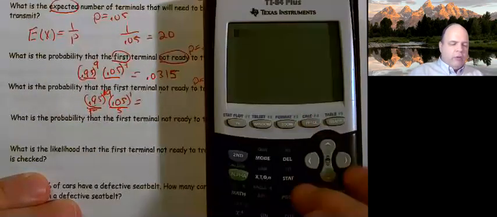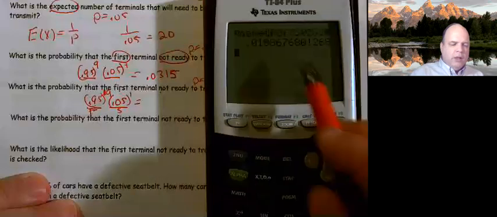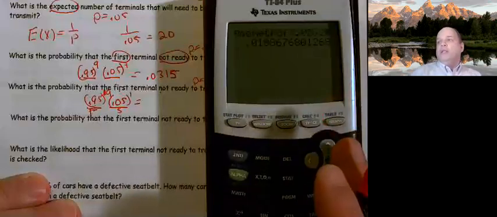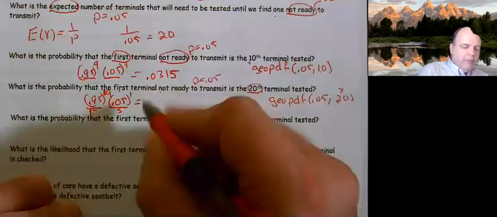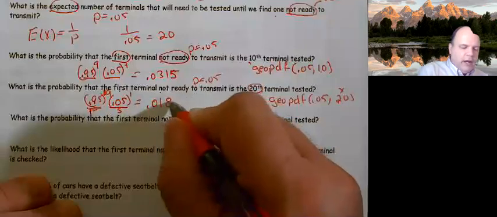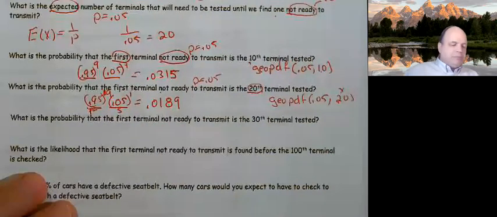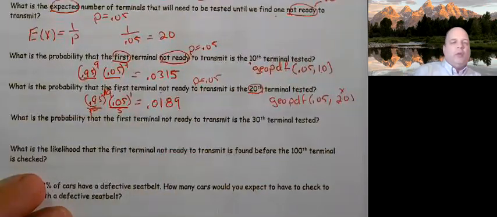So second vars, geometric PDF, 0.05, X value is 20. That gives 0.0189. More than 4 digits is okay, but 4 digits is what we're looking for.